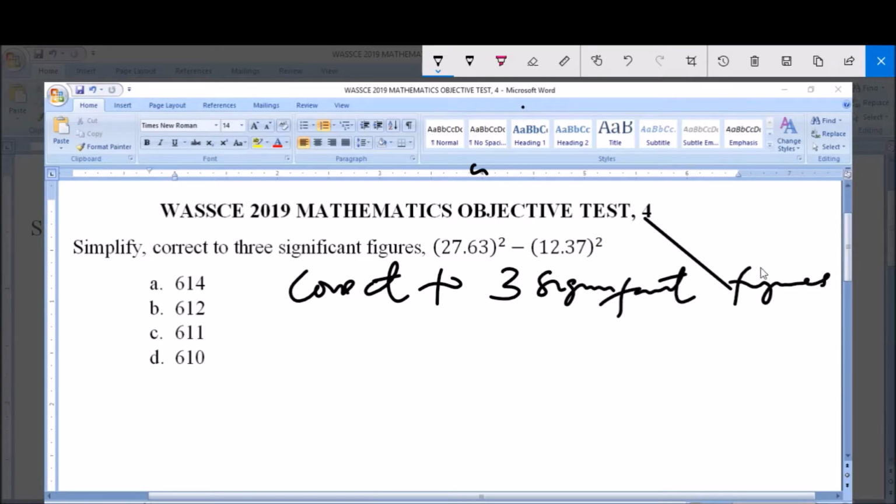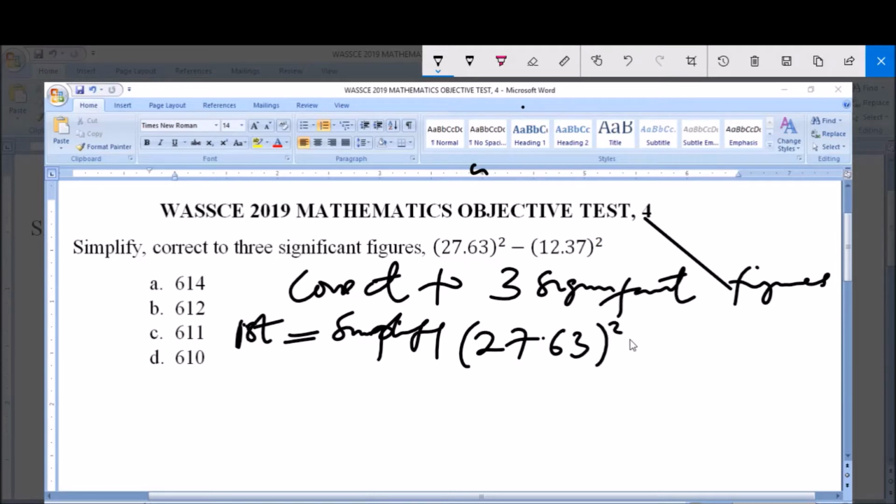So now the first thing we do is to simplify. First we simplify 27.63 squared minus 12.37 squared.